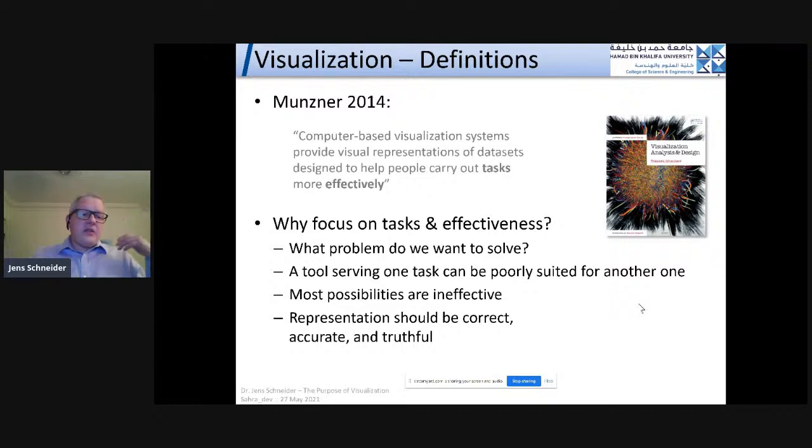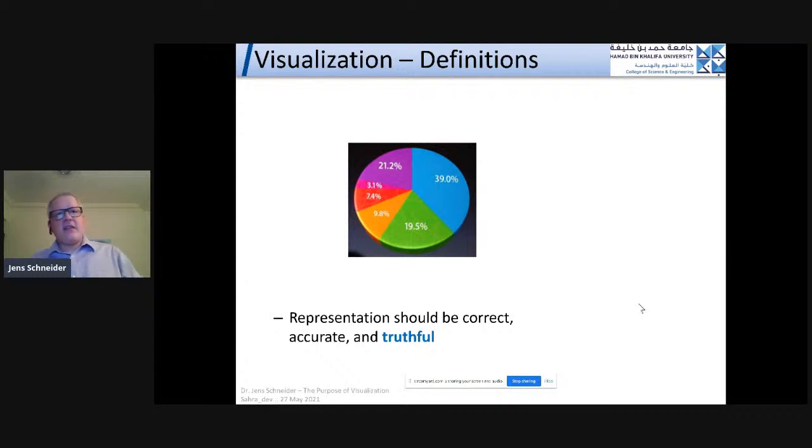Another thing that we normally require is that representations should be correct, accurate, and truthful. And here's an example for that. If you take a pie chart and you tilt it, then you're essentially lying with visualization, because here 19.5% seems to be larger than 21.2%.